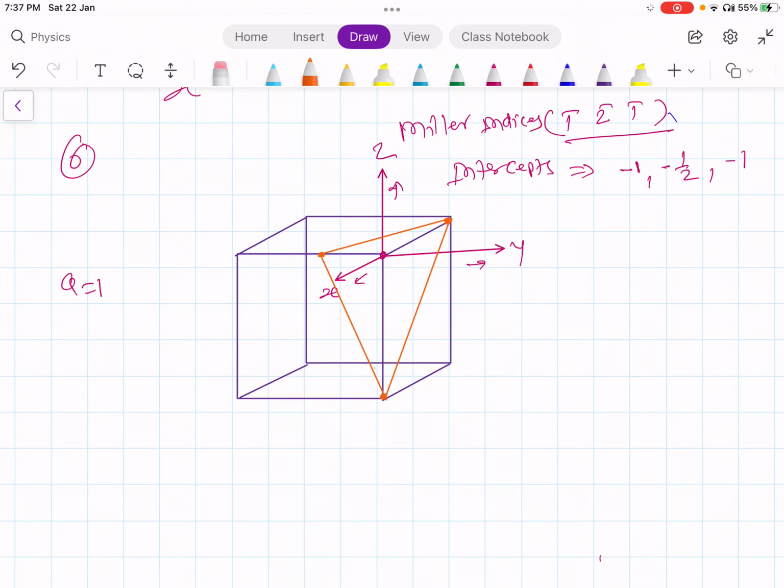So this is the plane. Those Miller indices are bar 1, bar 2, bar 1.